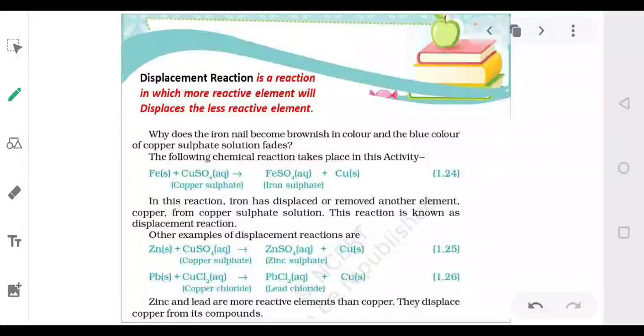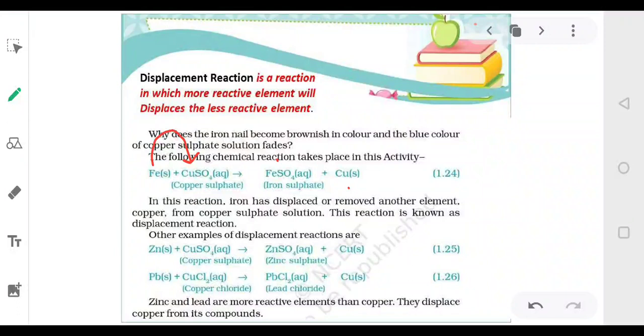Third is displacement reaction. In this reaction, a more reactive element will displace a less reactive element. Displace means shifting will take place. See the first example: iron, Fe, plus copper sulfate, CuSO4. Here iron will displace the copper and you get FeSO4 and Cu.